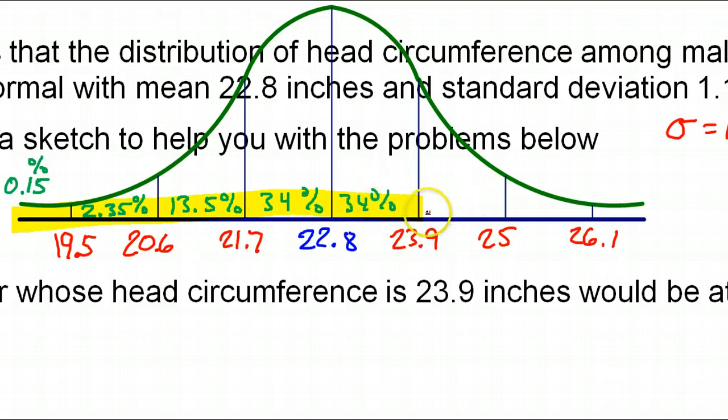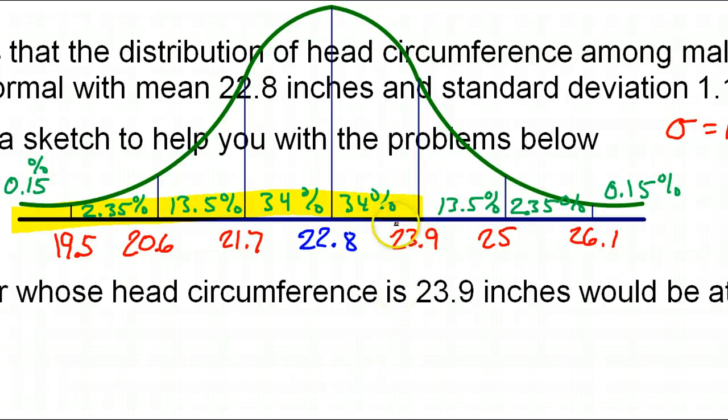I might as well follow through: 34, 13.5, 2.35, and 0.15%.